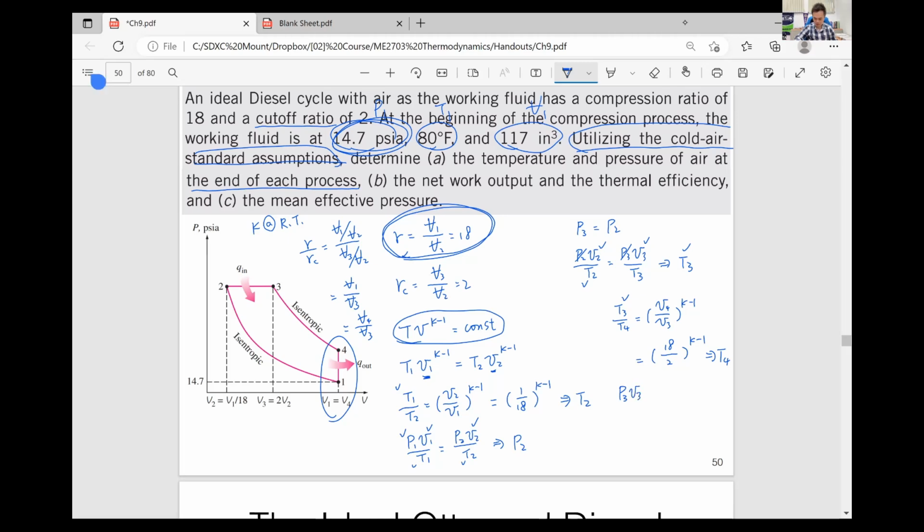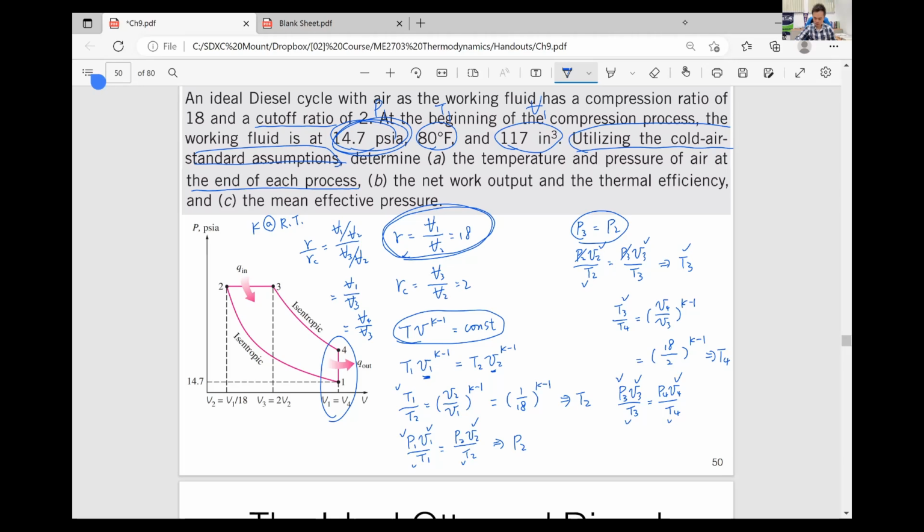Then P3 V3 over T3 is P4 V4 over T4. We know P3, which is P2. We know the ratio V3 to V4, or V4 to V3.